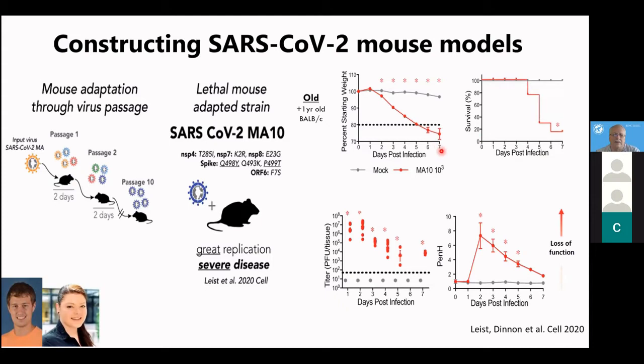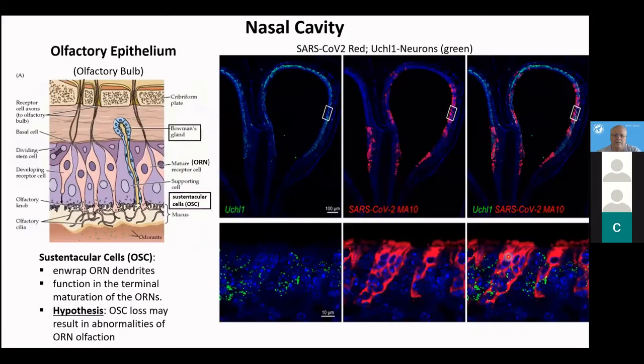So it captures the human age-related disease gradient and replicates to very high titers in the lung in a biphasic disease model. So titers are high early, it drops off, and then disease occurs late. So it sort of captures many of the features that are seen as a biphasic disease process that are seen with SARS coronavirus 2 in humans. Importantly, I'll just show a couple of pictures here.